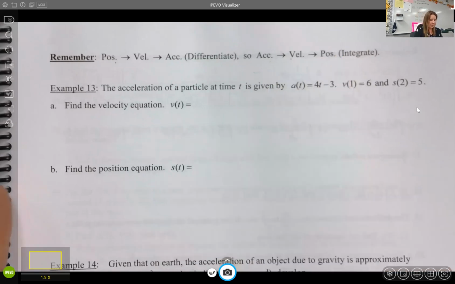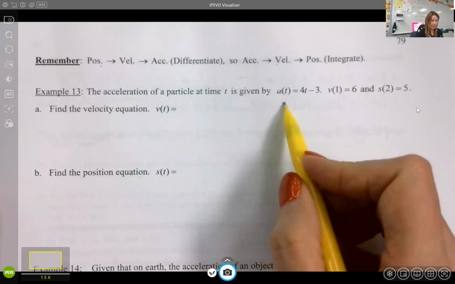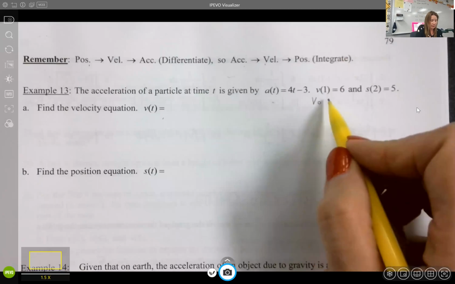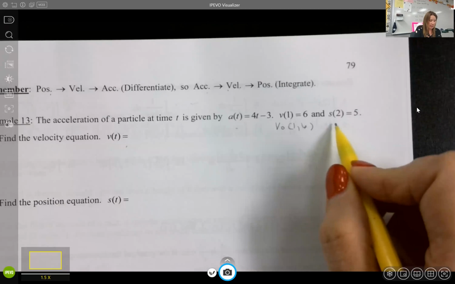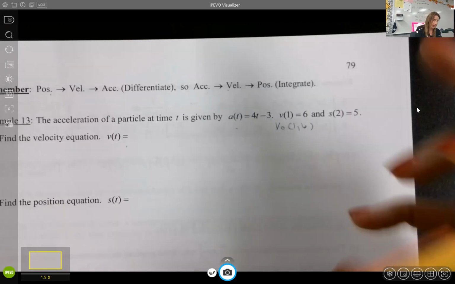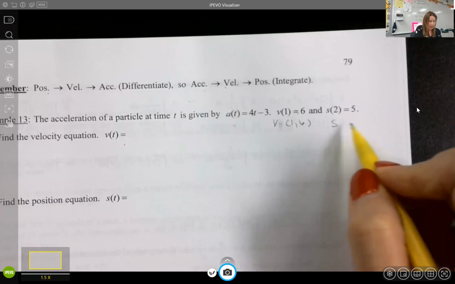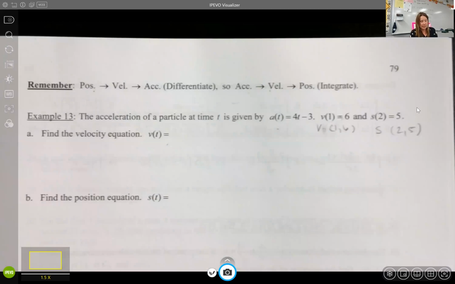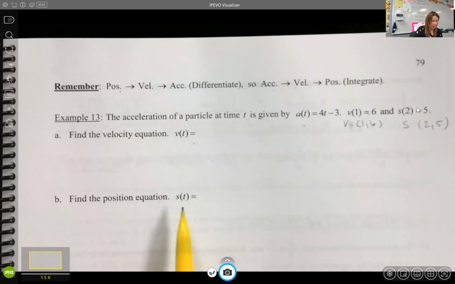So this gives us acceleration, and we're going to find velocity, but it does tell me that my initial velocity is 1/6. And then it tells us our position. I guess it's not initial, but it does give you a point on the velocity equation. And then a position point is 2,5. So we're going to use these as initial conditions as we go down these problems, okay?